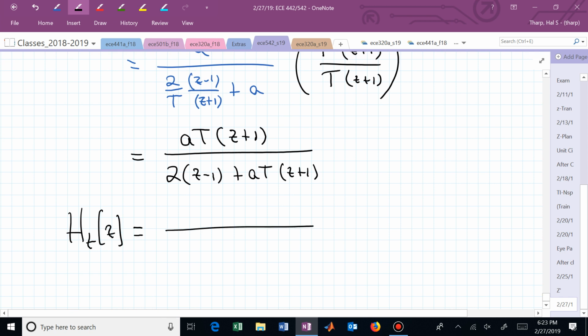Combining coefficients of powers of z downstairs, we now have 2 plus AT z plus AT minus 2, and upstairs we still have AT z plus 1.